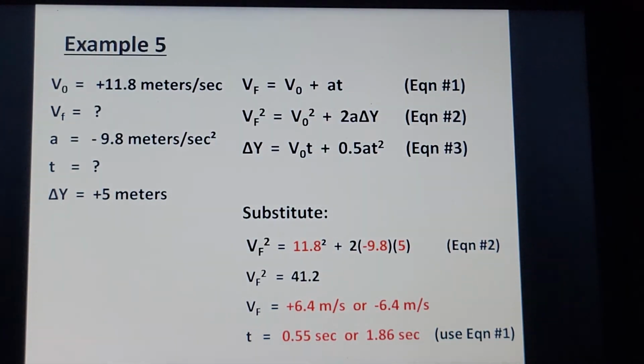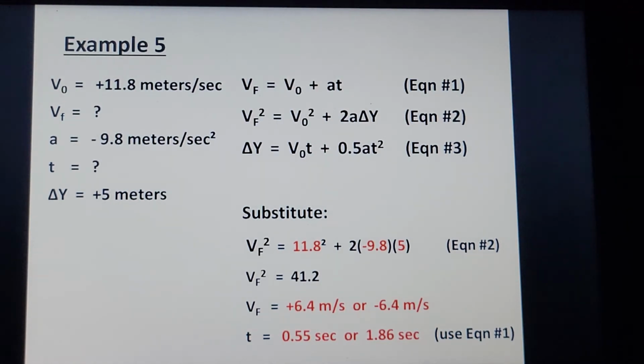You have negative 6.4 meters per second on the way back down. And now if you plug in positive 6.4 into equation 1, you're going to get a time of 0.55 seconds. In other words, it takes 0.55 seconds to reach an elevation of 5 meters on the way up, and 1.86 seconds when it goes on the way down at 5 meters.